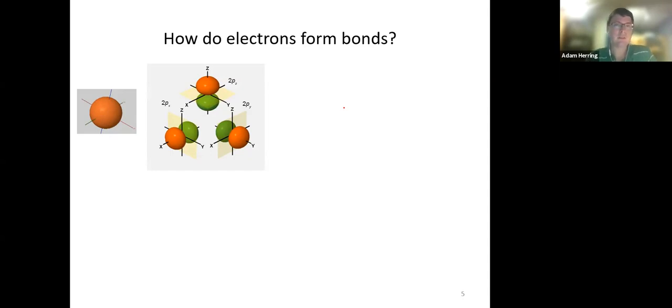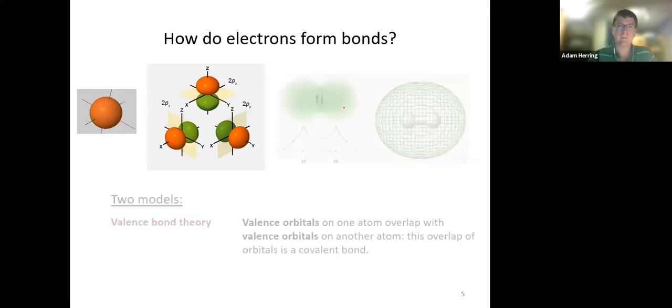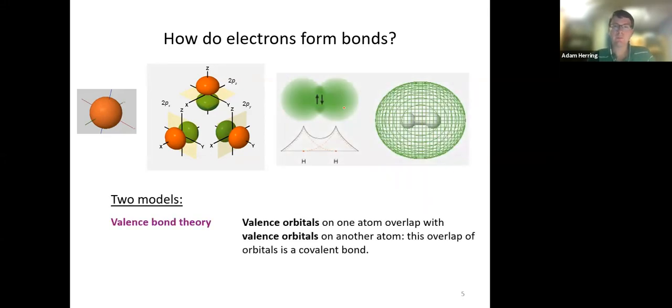And for the purposes of Chem 110, when we talk about forming covalent bonds, we're going to talk about elements whose valence electrons are in the s and p orbitals. So when we form bonds through valence bond theory, we look at how atomic orbitals overlap with each other, and that shared overlap we would call the bond.